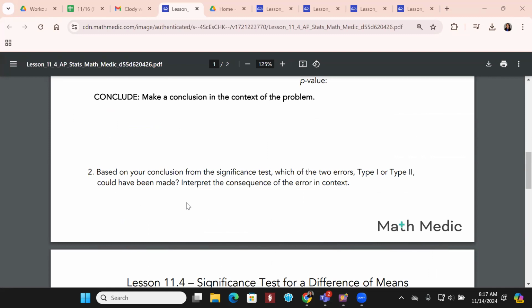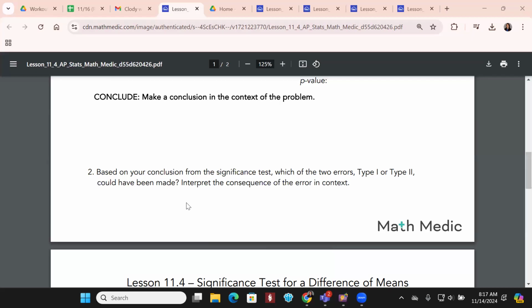All right. So based on your conclusion from the significance test, which one of the two errors, type 1 or type 2, could have been made? Interpret the consequence of the error in context. Is this type 1 or type 2? Okay. So if Mo goes and eats a whole bottle of Flintstones vitamins, is that going to improve his memory?